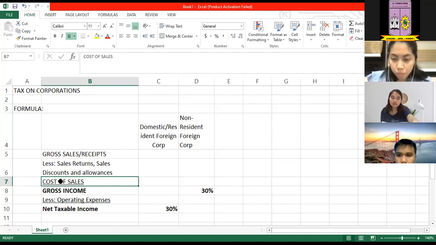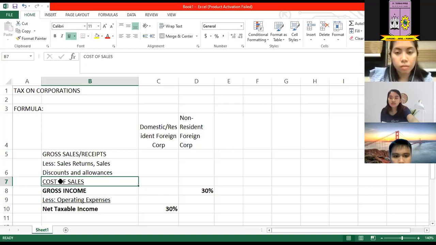Now, take note that yung cost of sales, nag-a-apply lang yan kapag ikaw ay engage in the business of selling. Okay? Or goods. Kapag goods yung subject matter ng business mo. Kasi if yung binibenta mo is serbisyo, hindi cost of sales ang tawag doon. Okay?